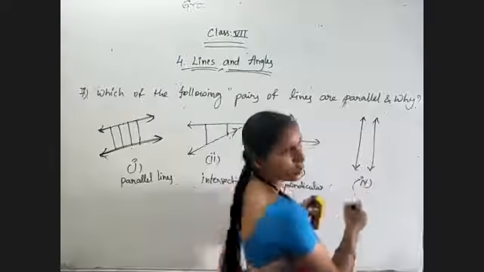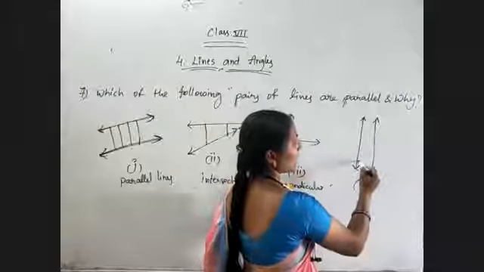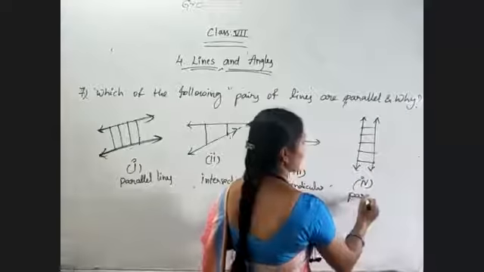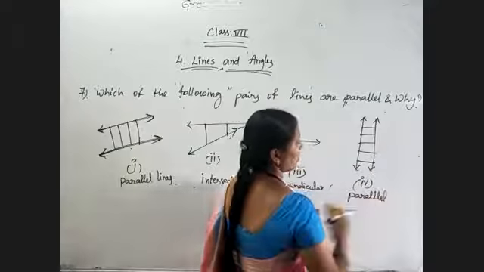And now coming to the fourth question. Again, they are not meeting at any point and the distance between them is equal. So these are parallel lines. Okay.